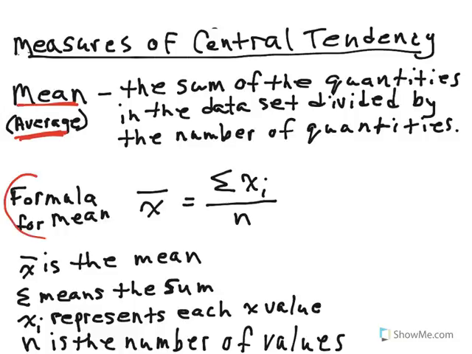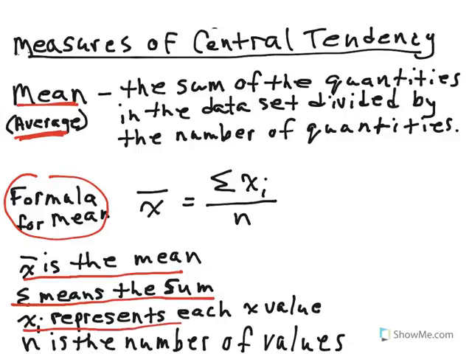The formula for the mean is x bar equals the sum of x sub i, all divided by n, where x bar is the mean. This Greek letter sigma means the sum, or the sum of. X sub i represents each x value in your data set, and n is the number of values in the data set.